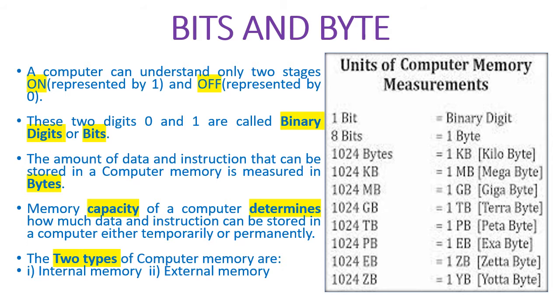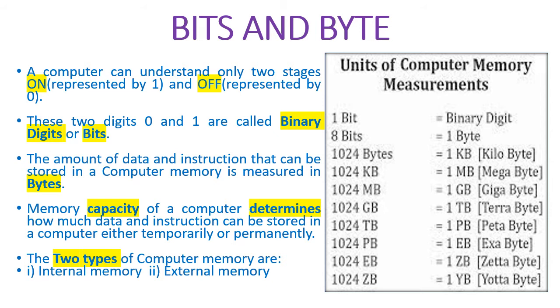Likewise, 1024 bytes we call 1 KB or kilobyte. 1024 kilobytes we call 1 megabyte. 1024 megabytes we call 1 gigabyte. So if 1 gigabyte is given to you and you want to write how many bytes it is, then you have to write 1024 into 1024.